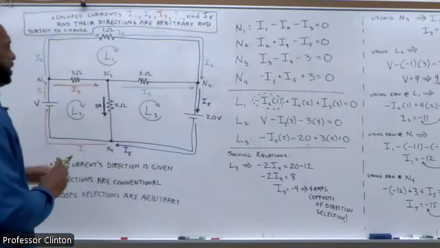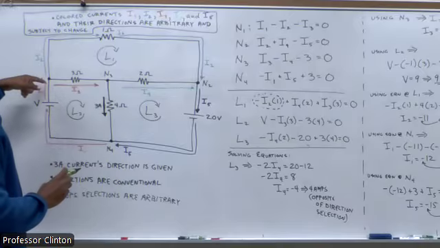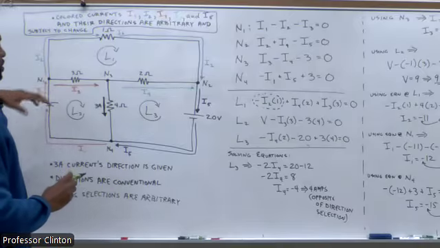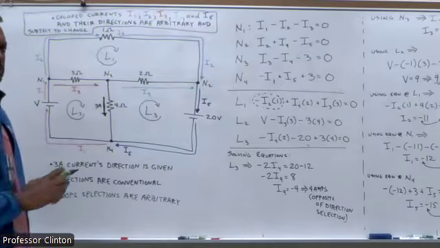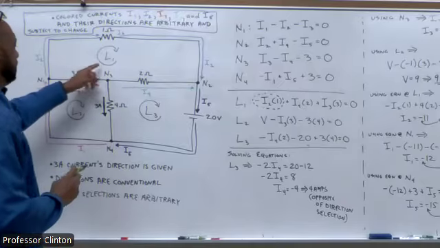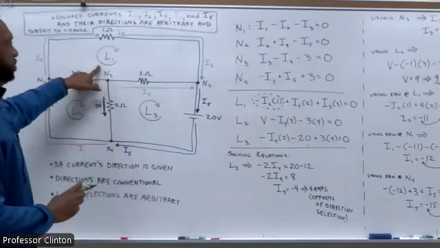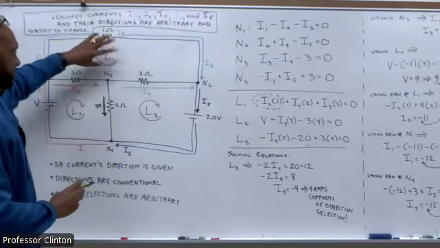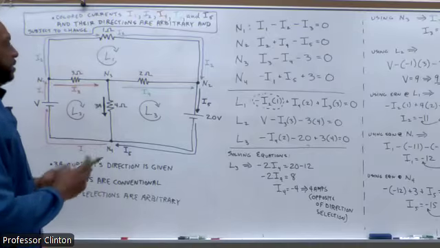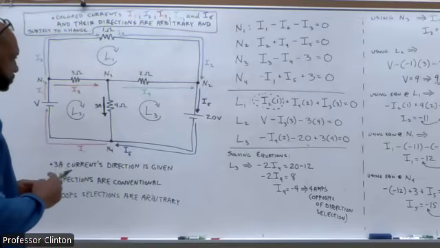So in L1, I typically start in the bottom left corner. Pick your poison in terms of where you want to start from. And this is my indicator of which direction I'm going to sum. You can rotate counterclockwise if that's your choice.